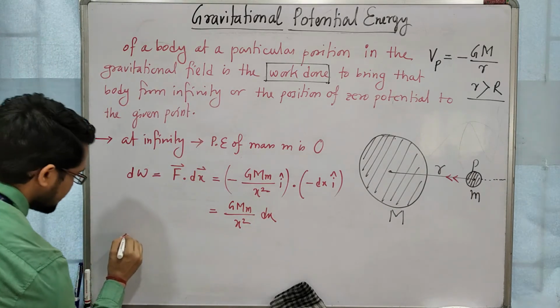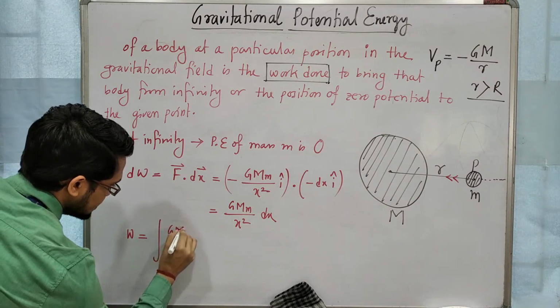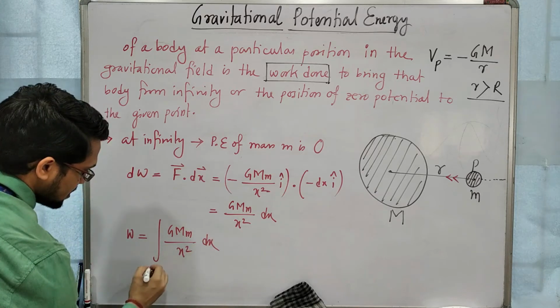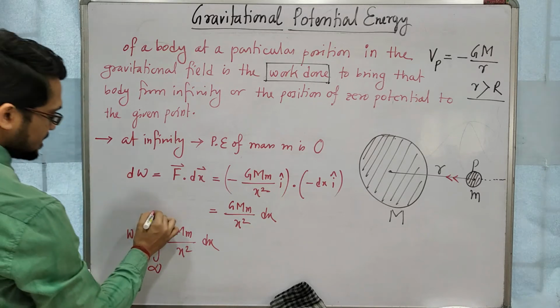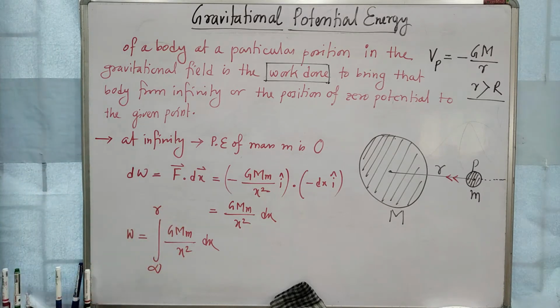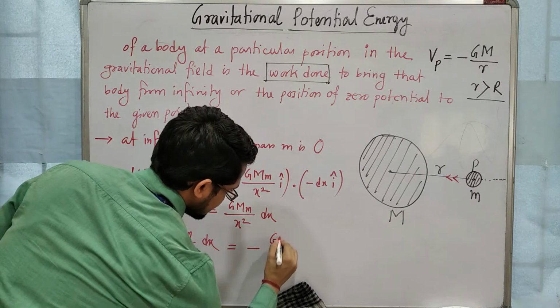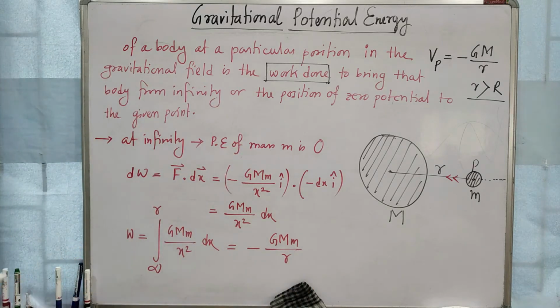So the total work done will be W, the integration of GMm by x square dx. The lower limit will be the initial position infinity and the upper limit will be the final position r. In this way you will get minus GMm by r.